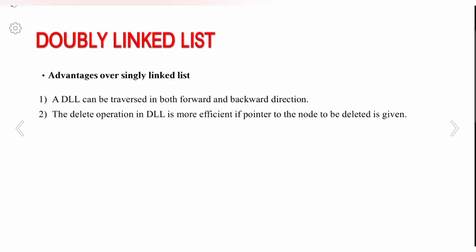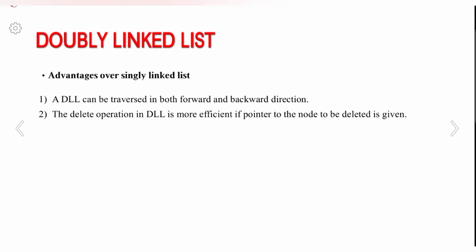What is the advantage of moving in the forward and backward direction? We can easily search for a particular node in the given linked list, and we can apply operations like insertion, deletion, traversing, and reversing more easily on a doubly linked list than on a singly linked list.